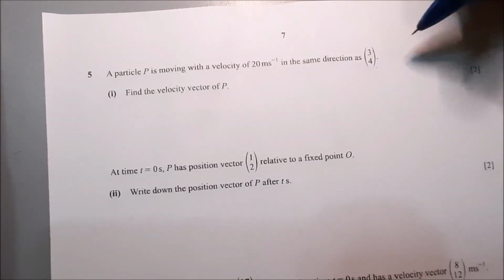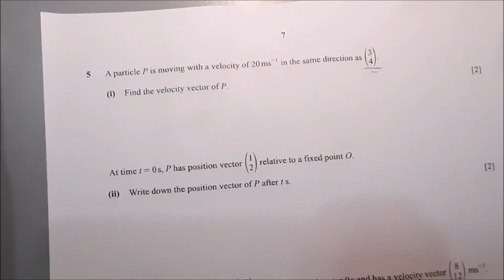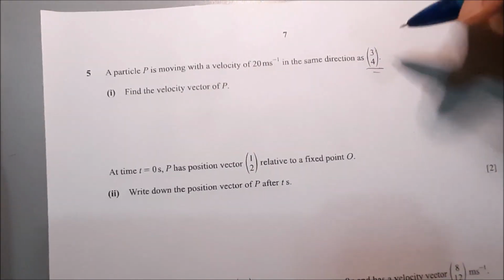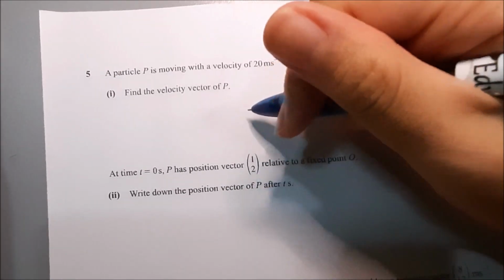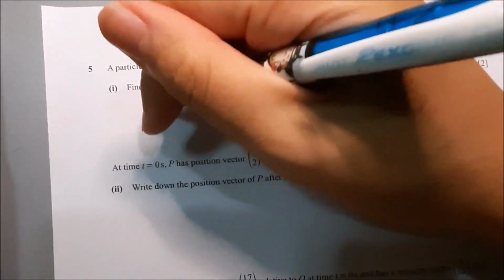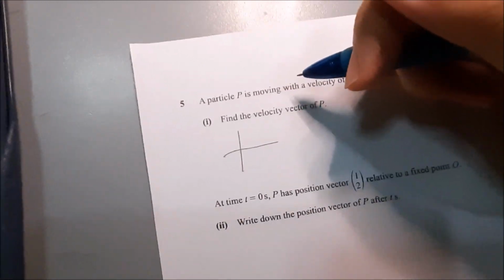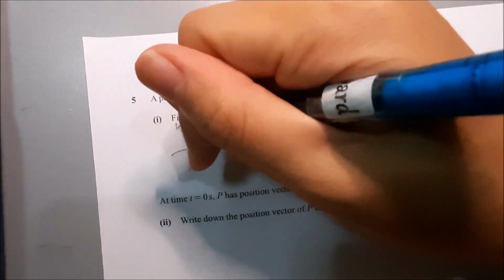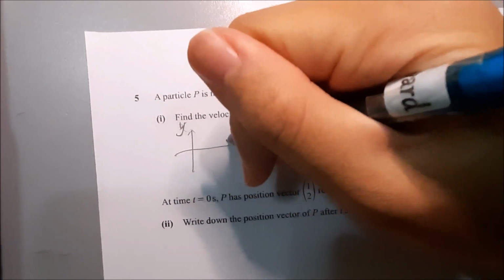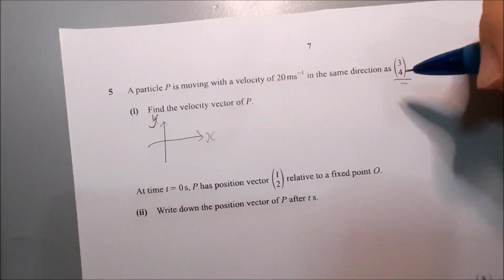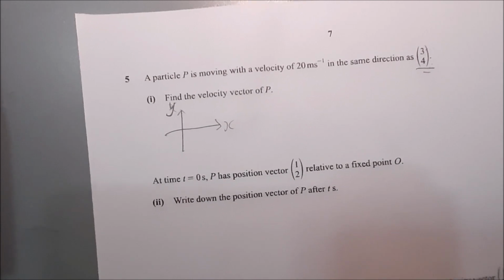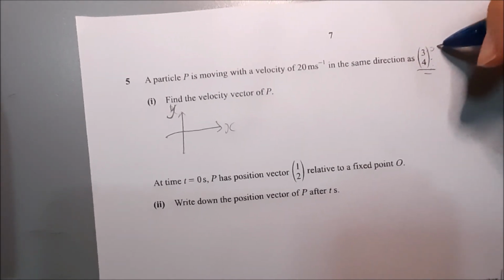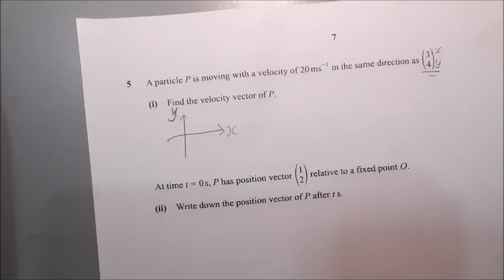So this vector column means that it has traveled. So if there is a graph of y and x axis, a 3, 4 vector column means that the top part is the x value and the bottom part is the y value.